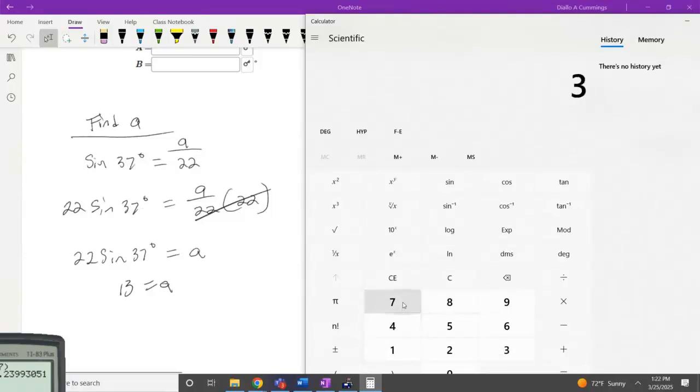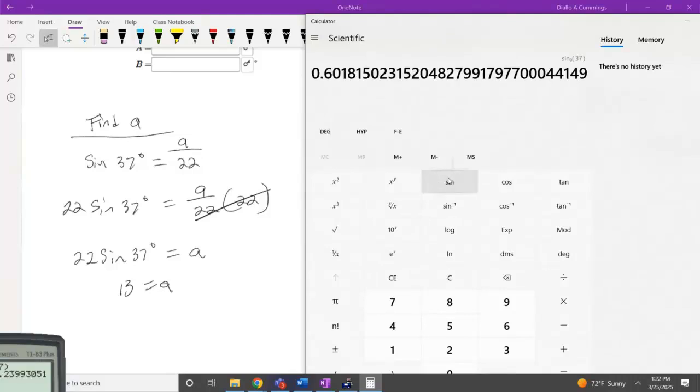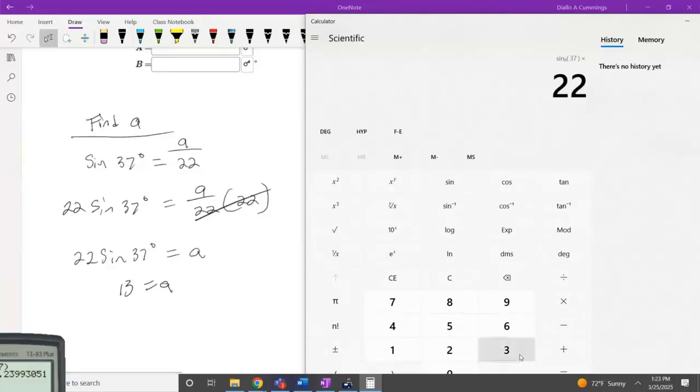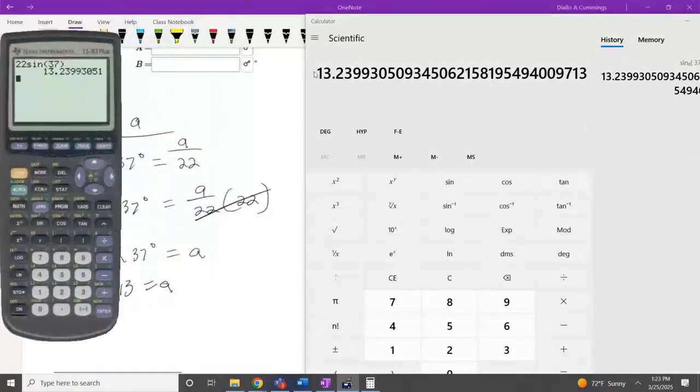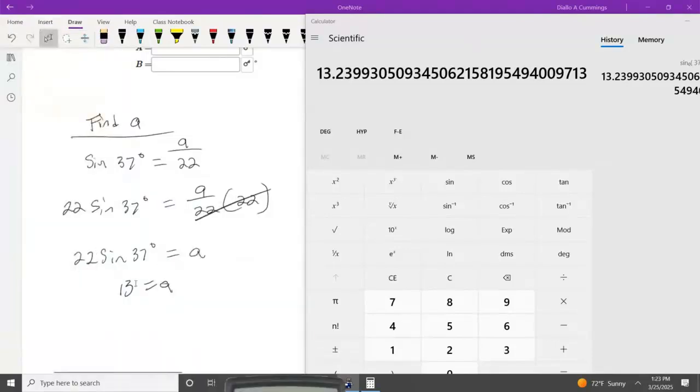So I hit 37, then I hit sine, and then I multiply by 22 to get that same 13.2399. So know your calculator. Some calculators are like this one, where you can just enter it as you see it. But if you're using the calculator on Windows, you have to put in your argument or your angle measure first.